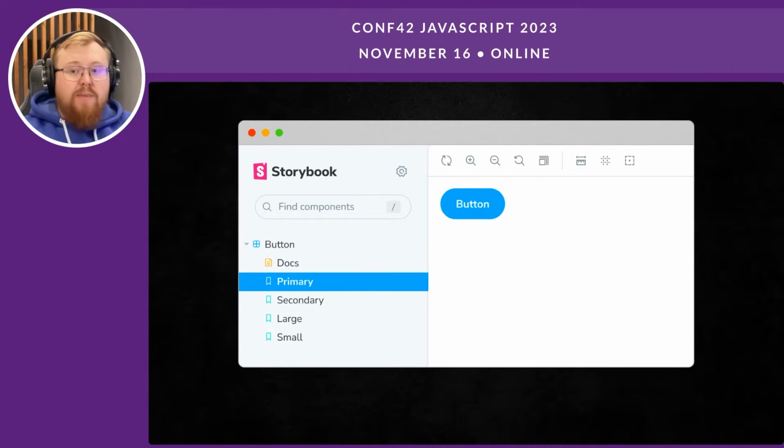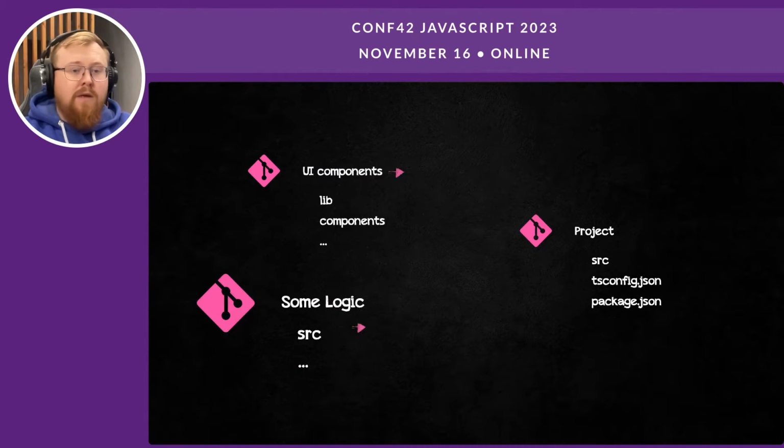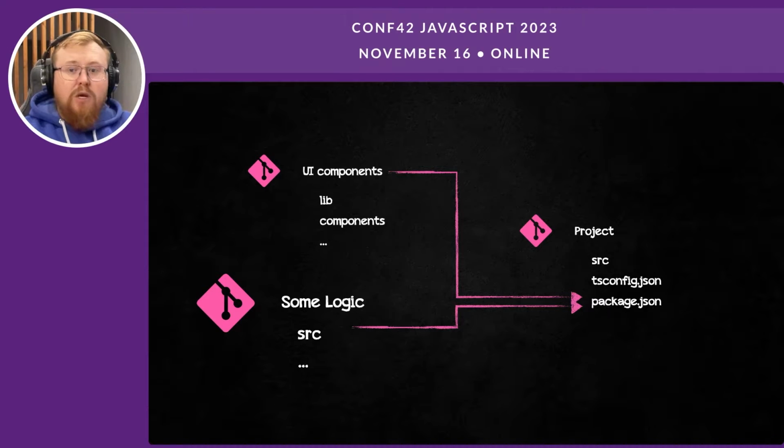Storybook will show us how our button will look in our application when we add it there. If, in addition to components, we need to reuse some business logic, we still have unit tests. We extract the logic into separate functions or helpers and write unit tests for them. This way, we determine how our logic will be reused within the application.